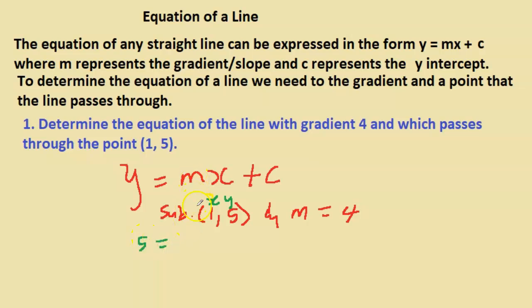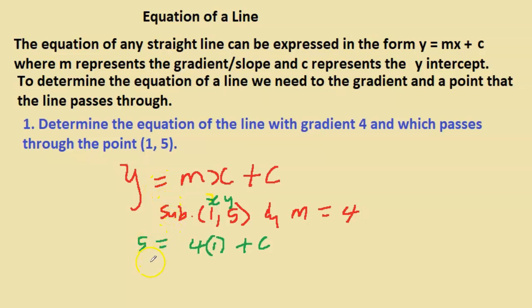The m value there, that's 4, that's the gradient. The x value here, that's 1. So where we have x, we replace it with 1. And then we have our plus c. So y is replaced with 5. And that's why we need a point on the line, always, because we use a point to substitute for y and x. The first value for x, the other value for y.